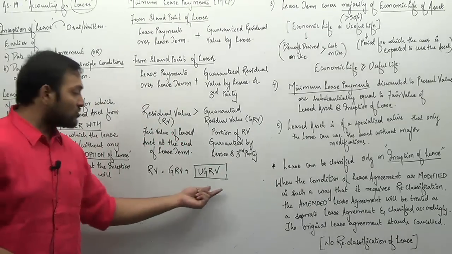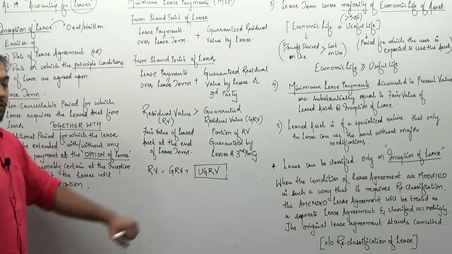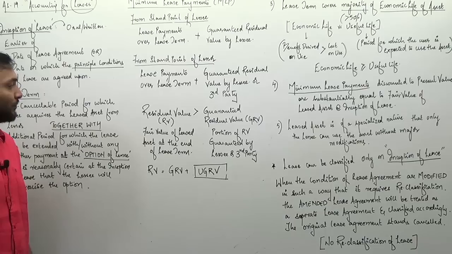There is guaranteed residual value, so UGRV is unguaranteed residual value. This is unguaranteed residual value.